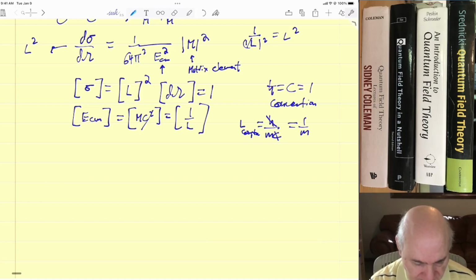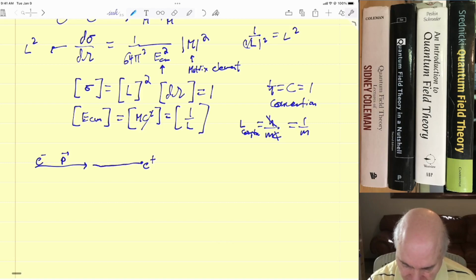So he sets up the problem. This is all in the book, but I'll rewrite it. We have an electron, and it has a momentum p. And we have a positron, and this has a momentum p prime, but it's going the other direction.